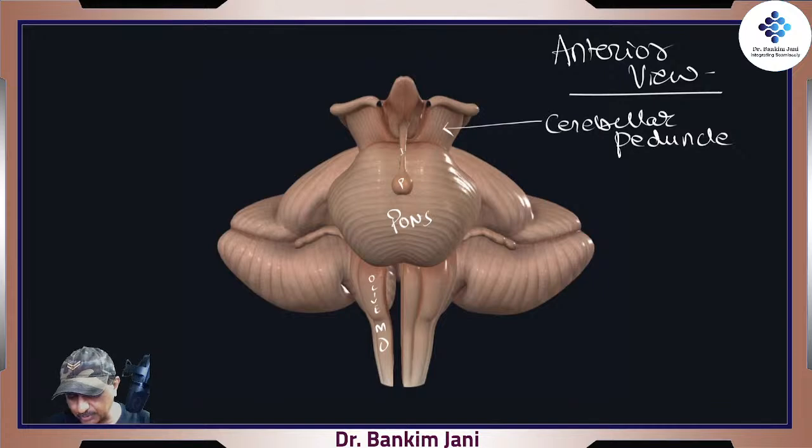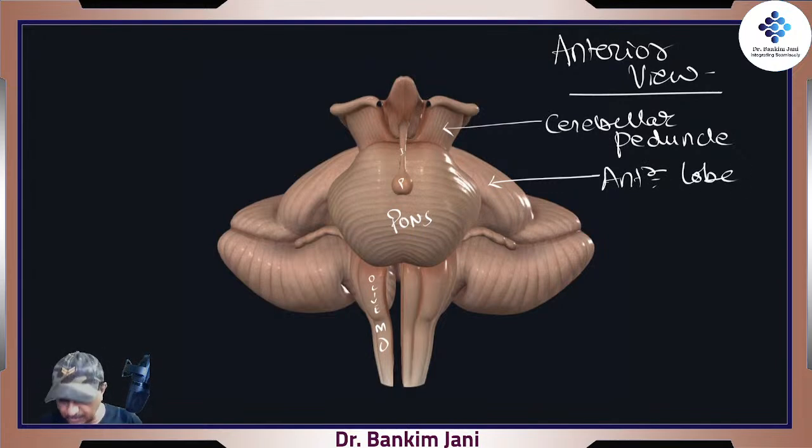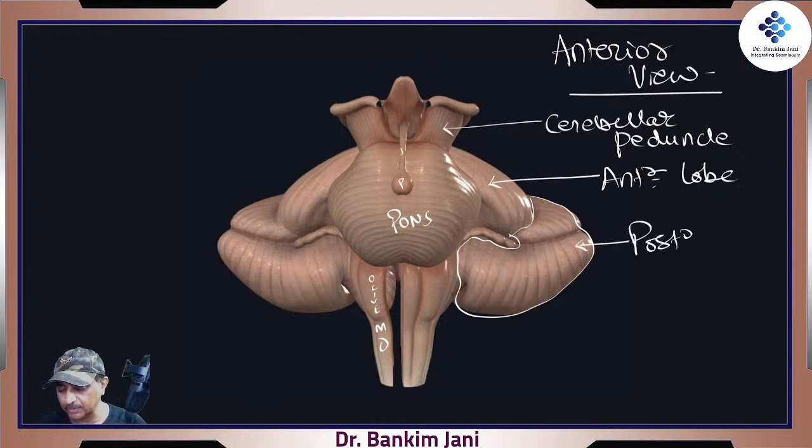So this above one is our anterior lobe. And the rest of it, this entire one, is the posterior lobe. The question might arise, what is this? Which fissure is this? We'll come to that, just hang on.